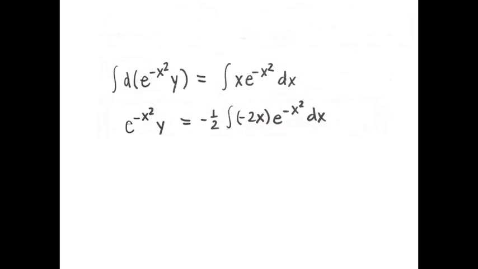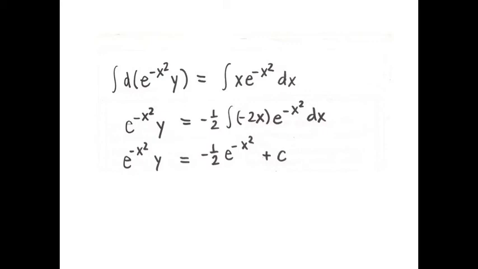Now I'm just going to move everything up. And after you solve the integral on the right side, you should just end up with e to the negative x squared times y equals negative 1/2 e to the negative x squared plus c.